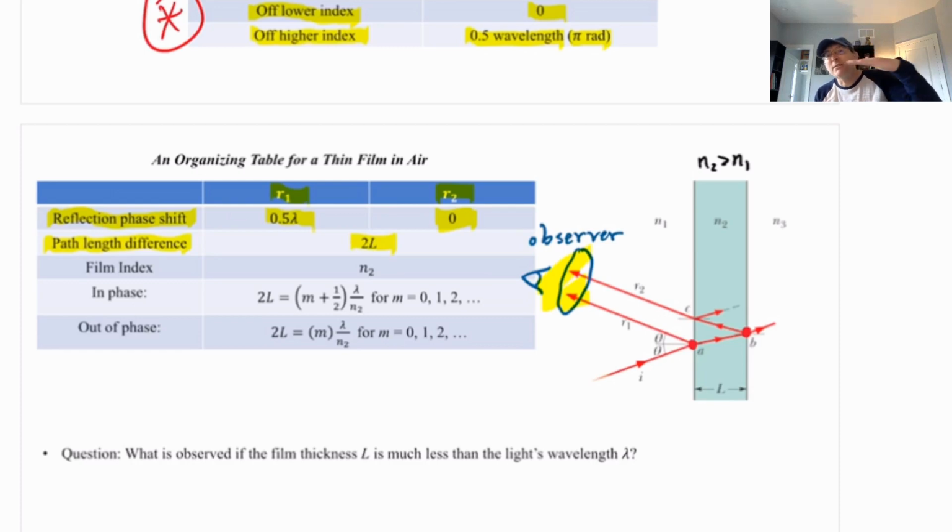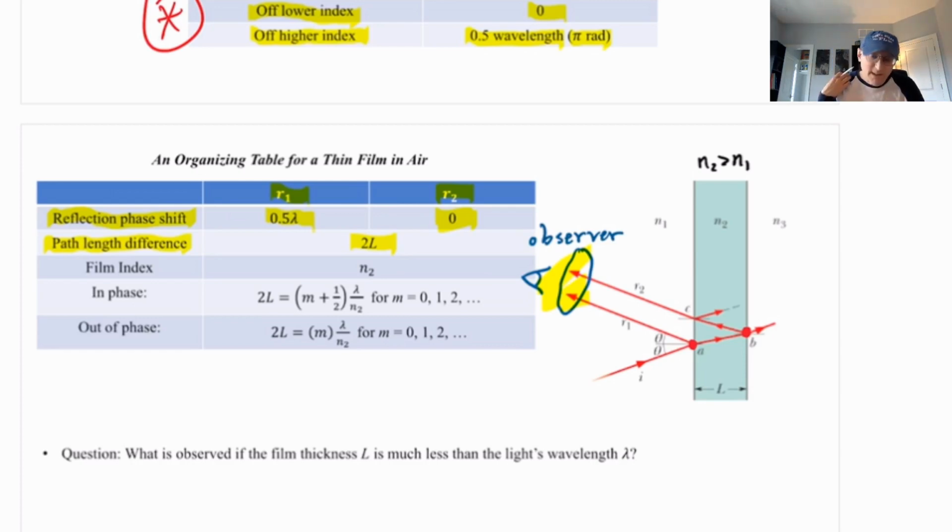Remember, we're assuming the ray R2 goes straight over and straight back. So it's 2L. So there is an additional phase difference between R1 and R2 because of the path length difference. Okay? And so we have to bring that into effect as well.